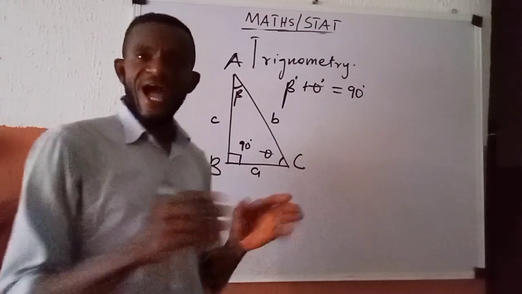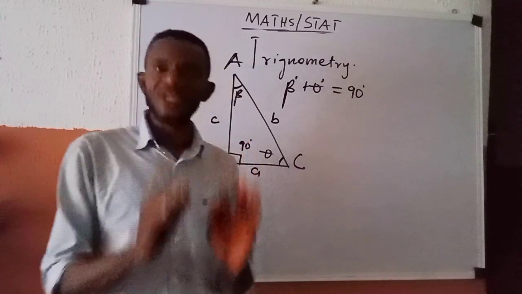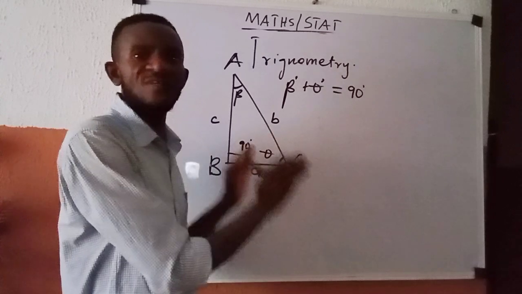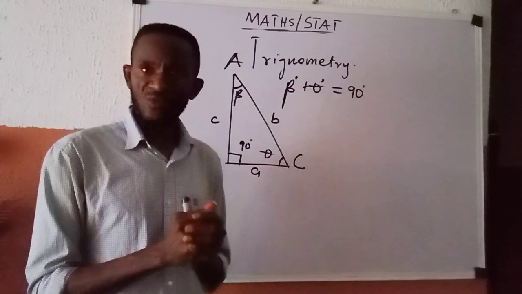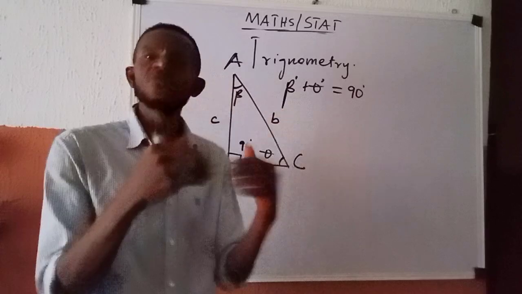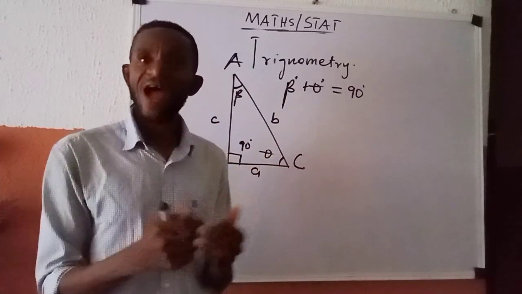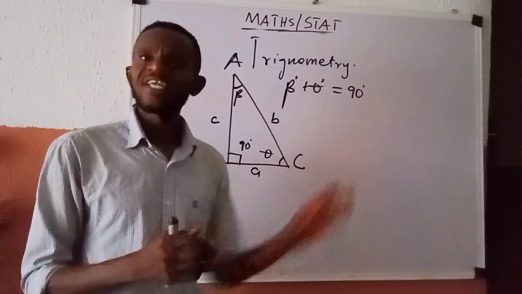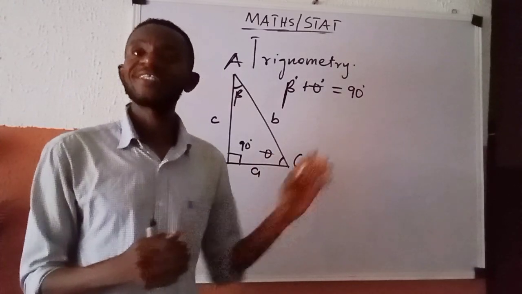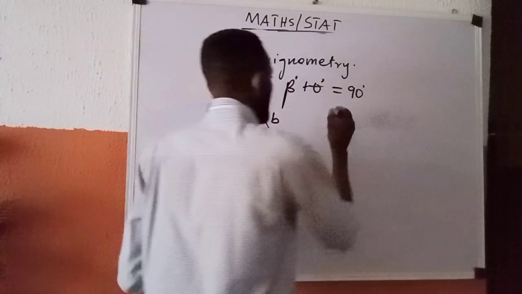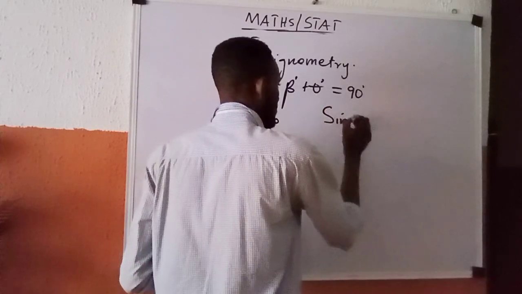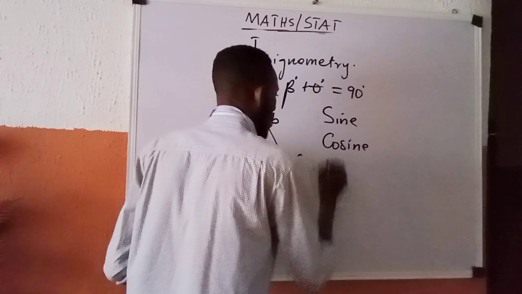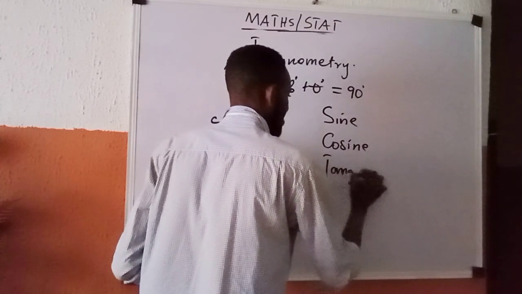Okay? And there are three basic trigonometric functions that exist about this right angled triangle. Those three trigonometric functions are what we call the sine, the cosine, and the tangent.